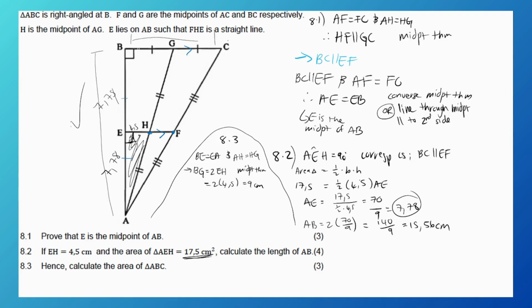Now this is 9, meaning that BC will be 2 times 9, which is 18. And then we can substitute. So the area of triangle ABC is half times 18 times the 15,56 we just calculated earlier. So then we're getting 140,04 centimeters squared. Are we done?